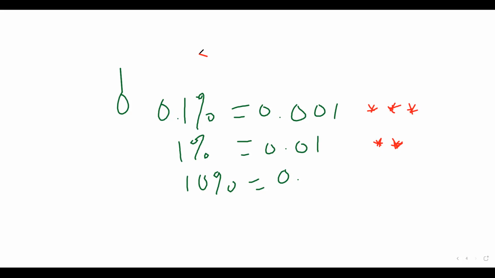When it is 5%, that is 0.05, it gets just 1 star. Let me delete all of these stars and show a proper one: 3 stars, 2 stars, 1 star.